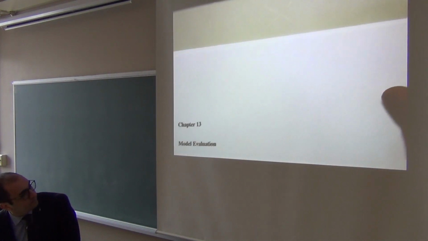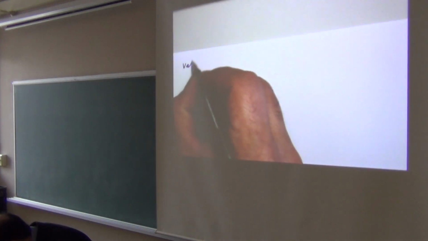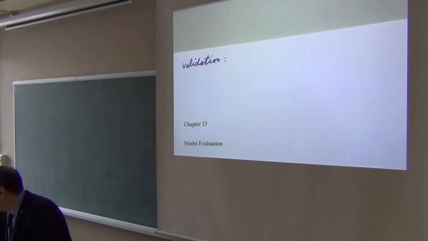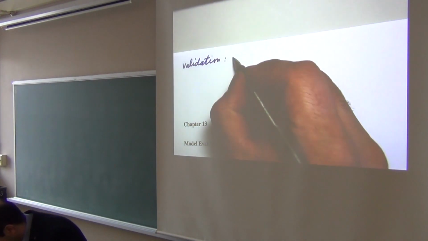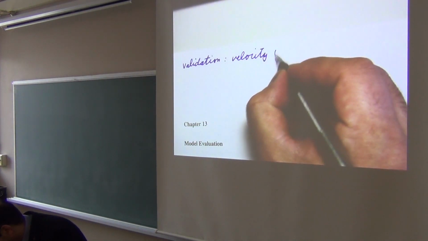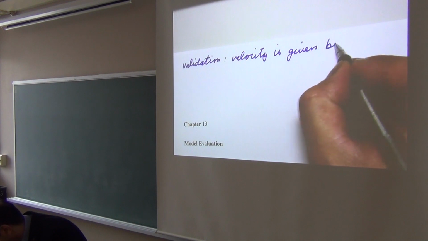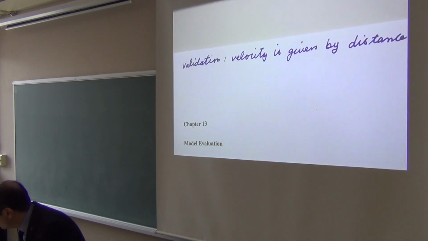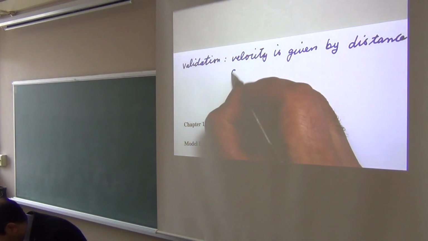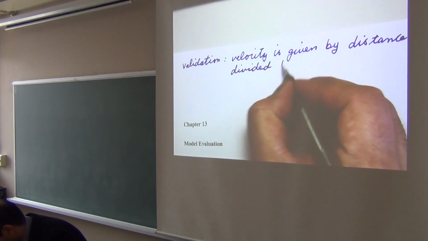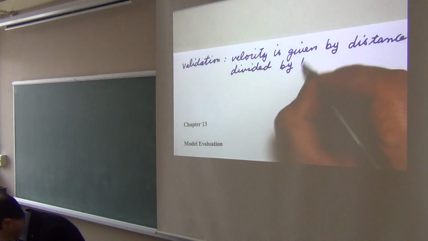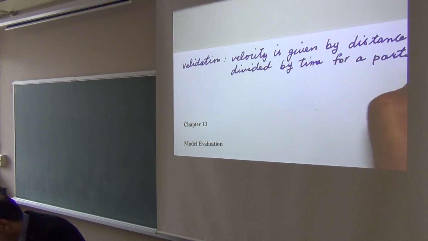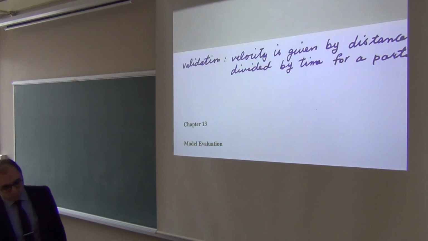Validation. Velocity is given by distance divided by time for a particle motion.